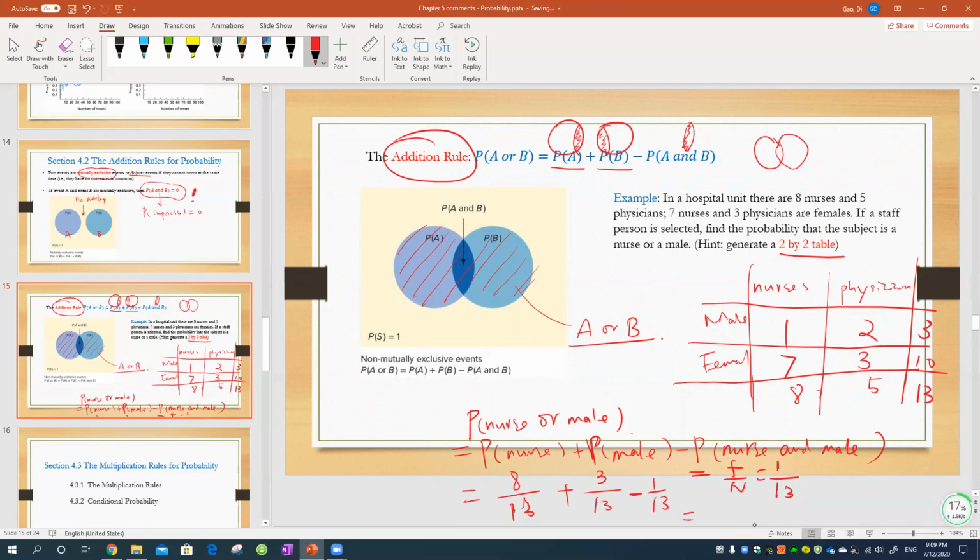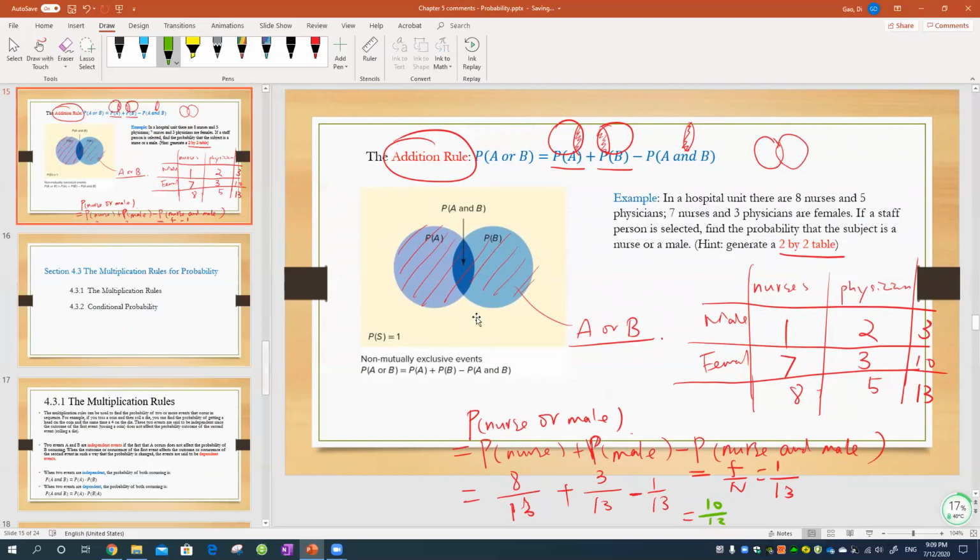So the answer is going to be 10 over 13. That's how we solve this problem, the addition rule.